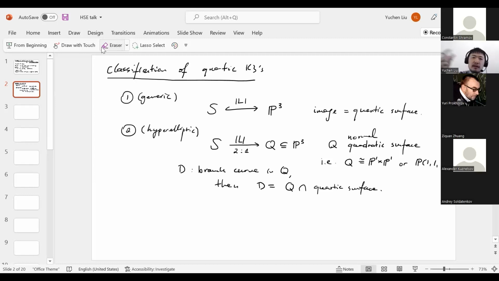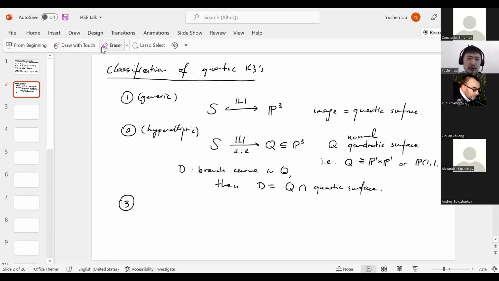So you can think about this type of examples as a limit of smooth quartic surfaces to a double quadric surface. Then there's a practical way to resolve this map, I think given by Mori, that you can sort of replace this double quadric by a double cover of the quadric surface. So imagine this is a pencil, then you have a generic smooth quartic surface intersecting Q, and that will be a branch divisor. All right. So this is the second case.